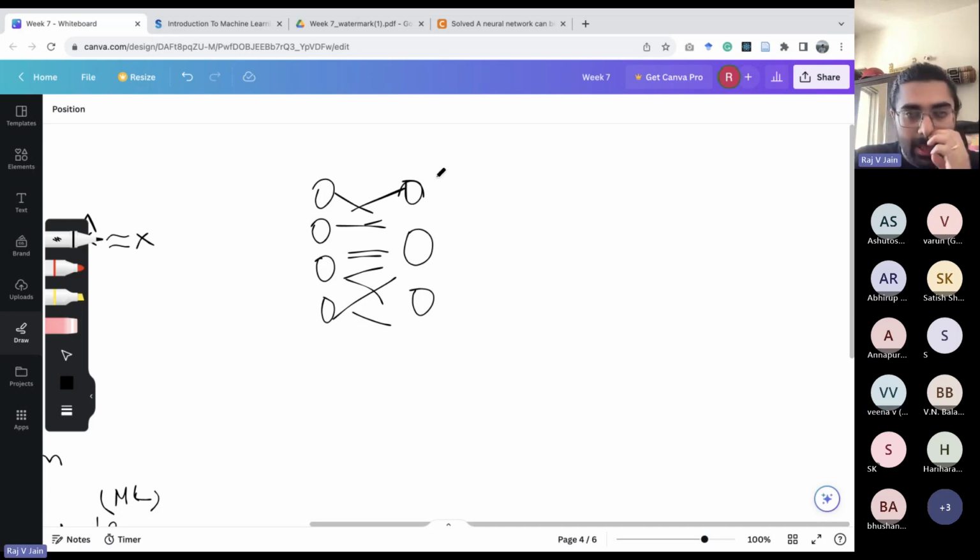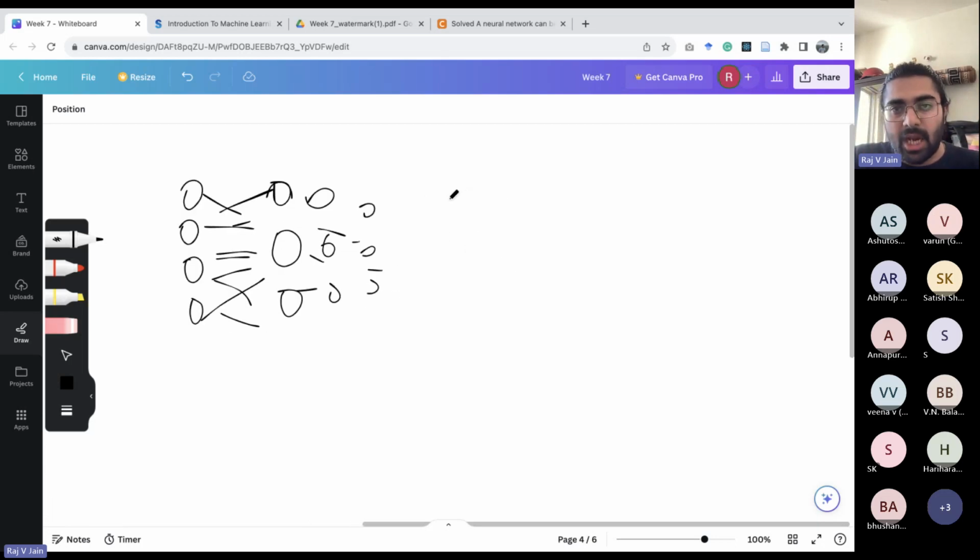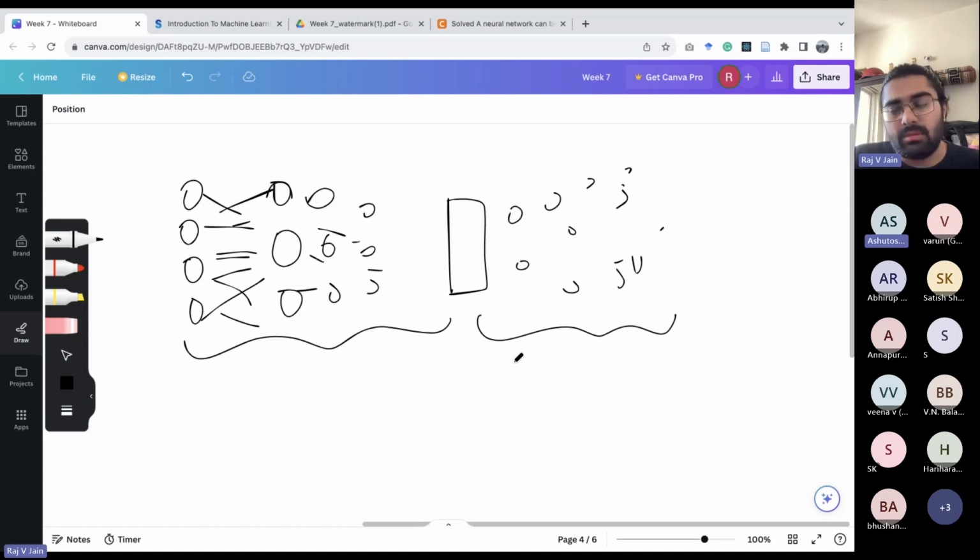Now I'll do the same operation, but keep doing it for multiple depths, keep on going like this. Then at some point I'll say, okay, now I will stop reducing the number of dimensions, and from this part onwards I'll try to reconstruct my input. So this becomes the encoder and this becomes the decoder.